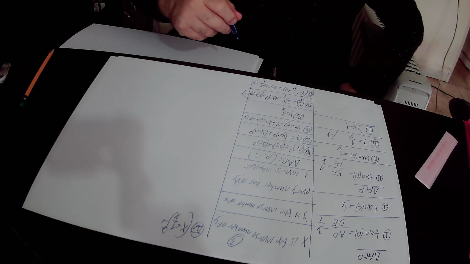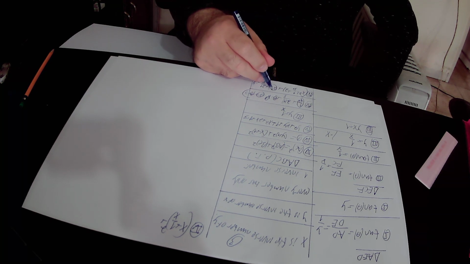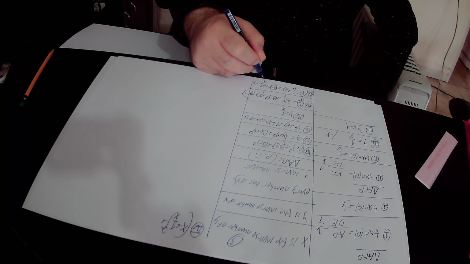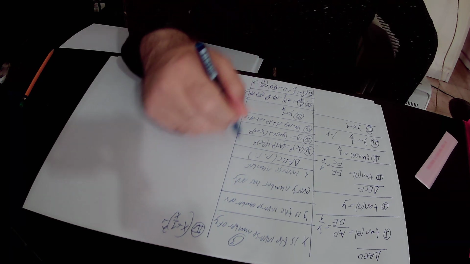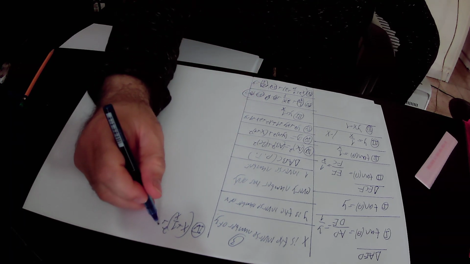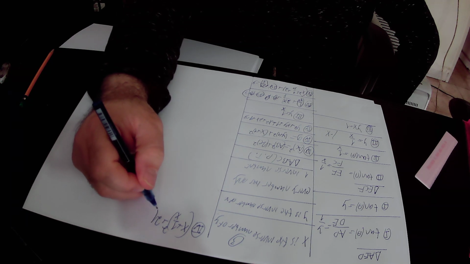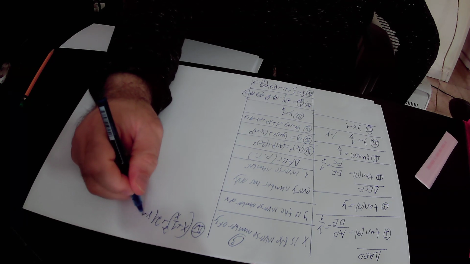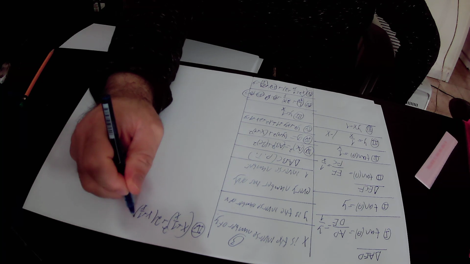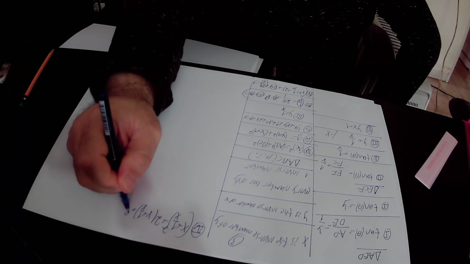And here we have 2x plus 2 over x. Here we'll take 2 as a common factor out of these two expressions, and we'll get inside the brackets x plus 1 over x, equals 9.